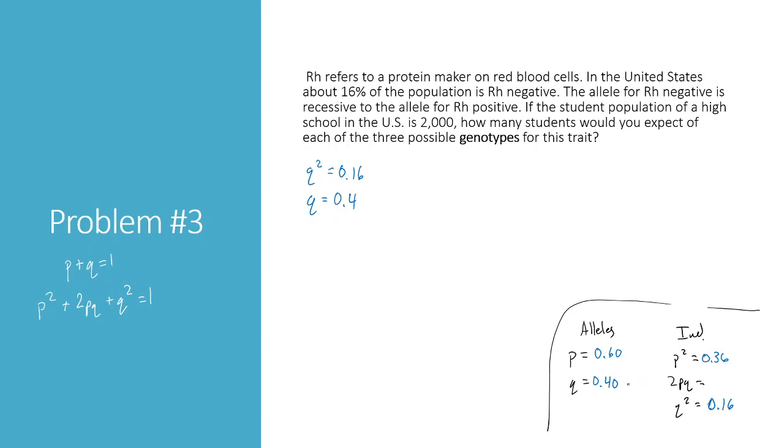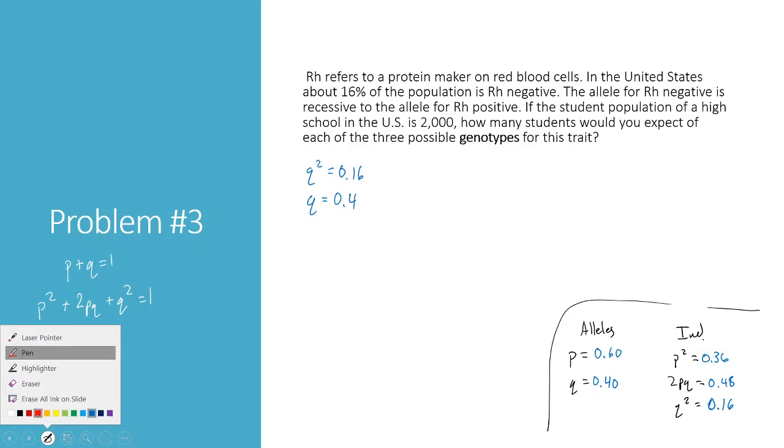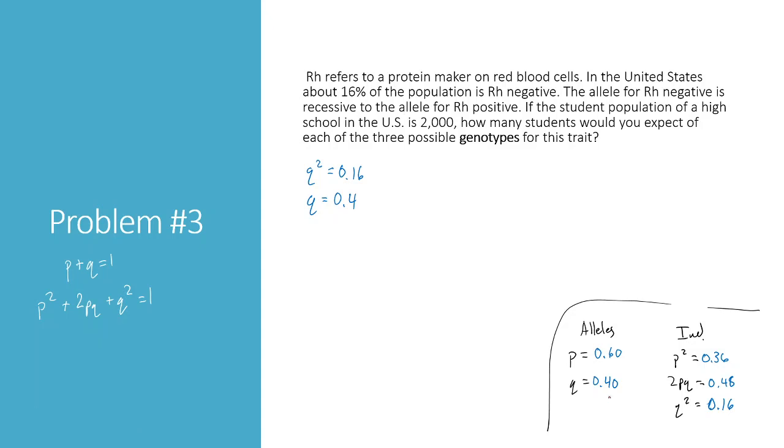So 2 times 0.6 times 0.4 will give us that about 48% of the population is going to be heterozygous individuals. So then a final check for ourselves. These numbers are adding up to 100%, so we're not missing anything here.